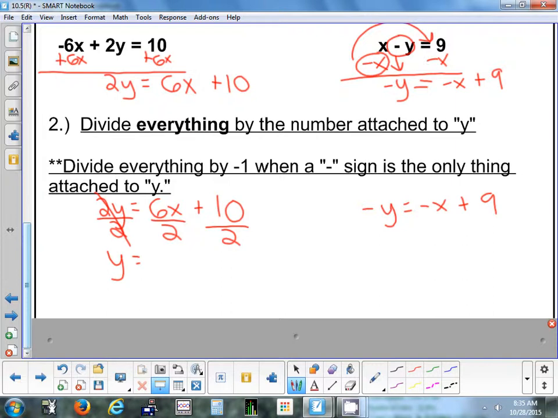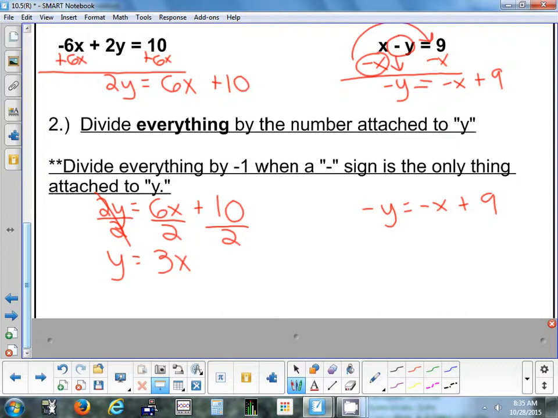Now, 6, remember, we're dividing, right? So 6x divided by 2. What do I get? 3x, right? All I'm doing is just bringing the x down because there's not another x there. So I'm going to get 3x, and I get a positive 10 divided by a positive 2.